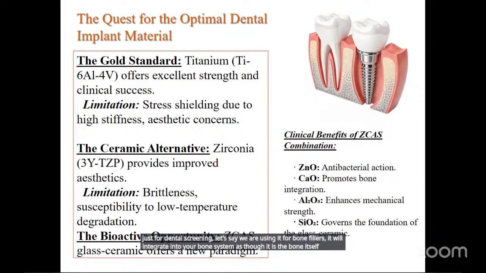Because of the existence of zinc oxide, it will not be prone to bacterial attack. So that is what the antibacterial property means here. It will not be prone to bacterial attack because of the existence of zinc within the matrix. Because of the existence of calcium, it will integrate into your bone as though it is the bone itself. So that is what we mean by that.